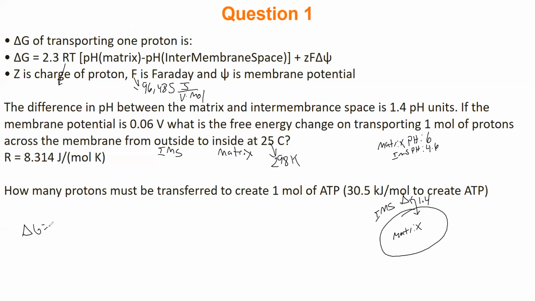So delta G equals 2.3 times R. R is 8.314 times T, which is 298. All right. Times the pH of the matrix, like I said, I just made that up, which is 6, minus the inner membrane space, which is 4.6, or the difference is 1.4.